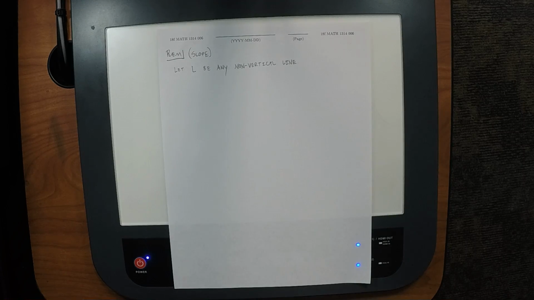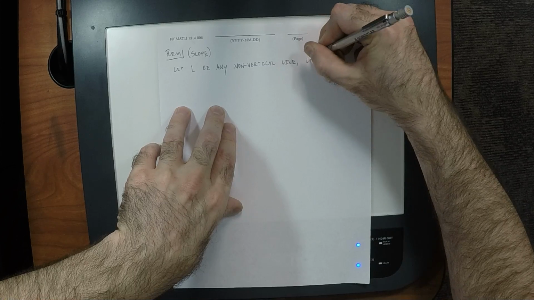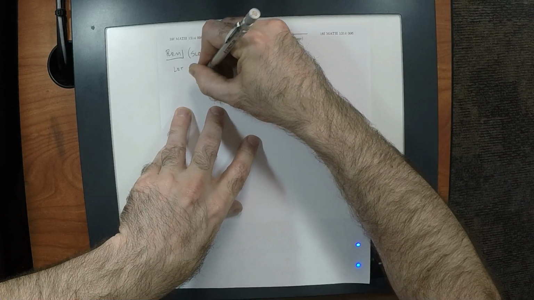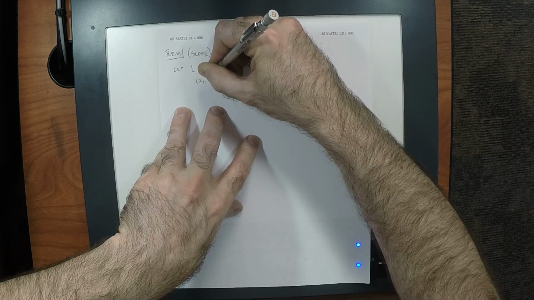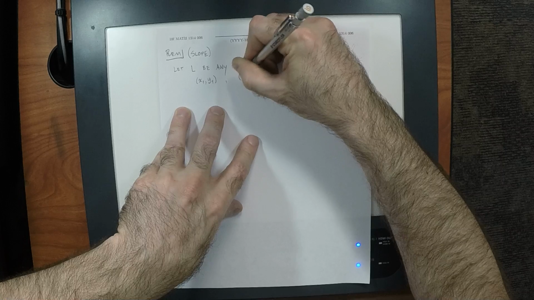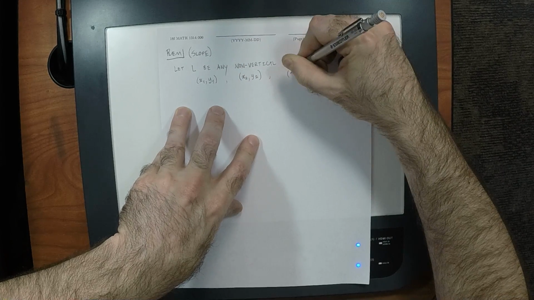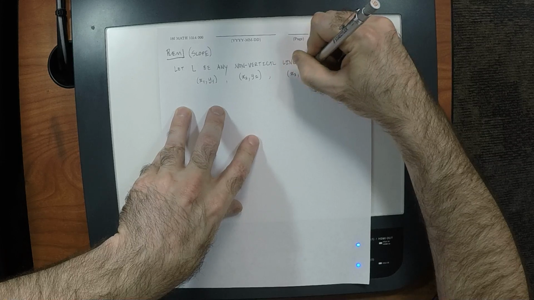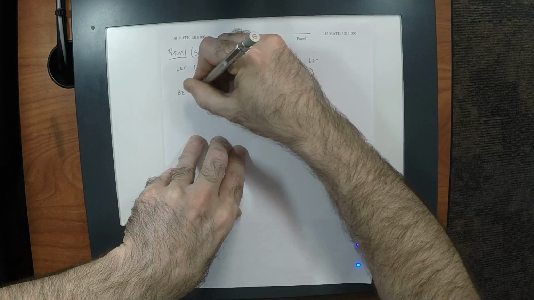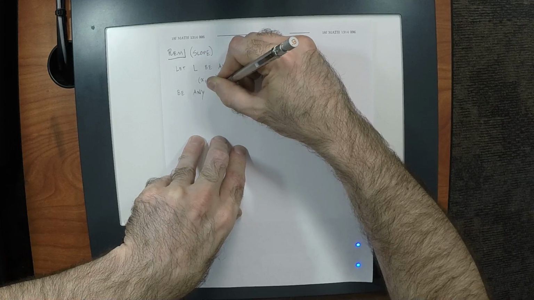It just can't be the vertical kind. And I could say let (x1, y1), (x2, y2), and (x3, y3) be any three distinct points.